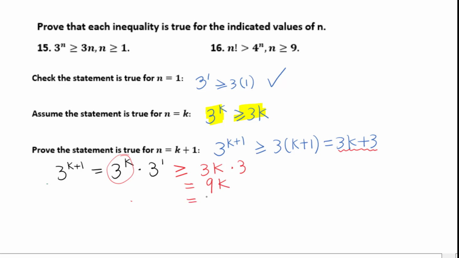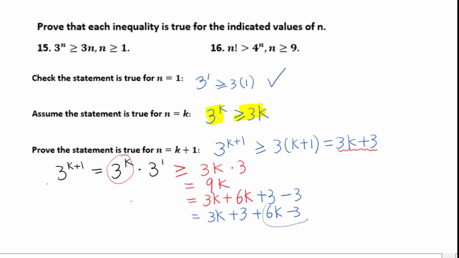For the 9k, I can write down 3k plus 6k. You want to create 3k plus 3, so I add 3, then minus 3. That equals 3k plus 3, then plus 6k minus 3.